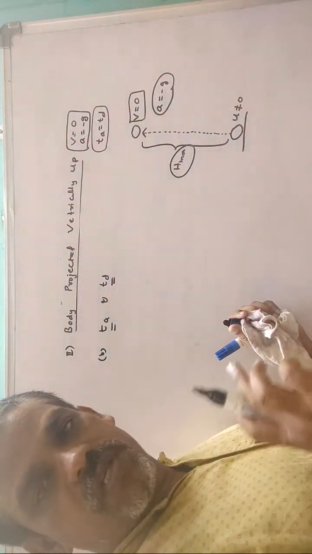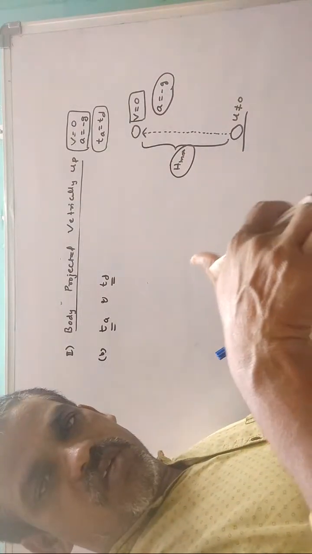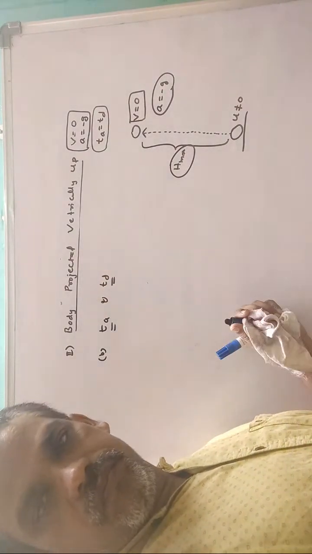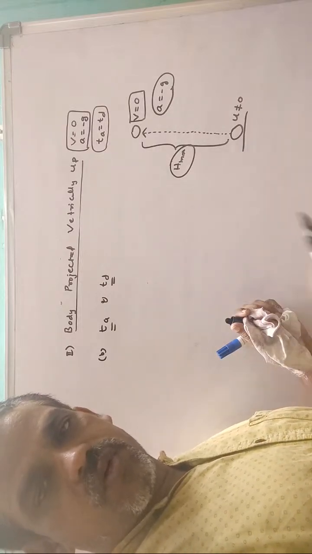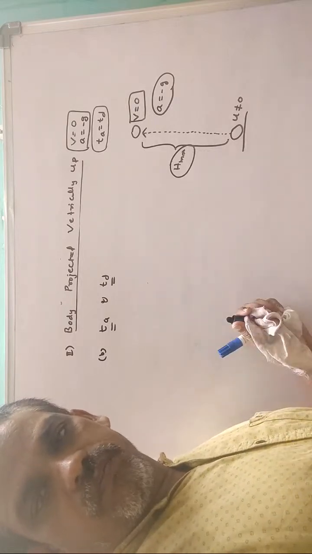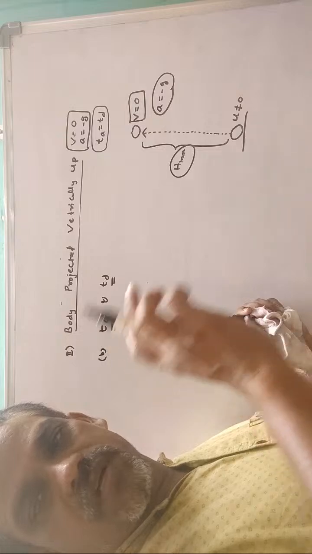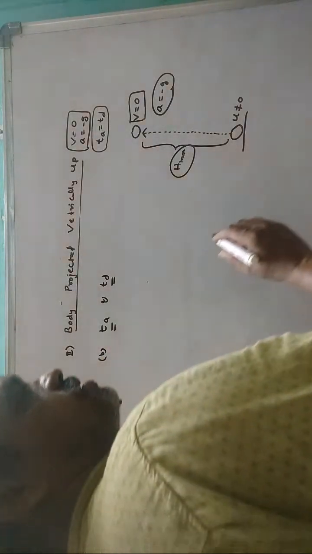Time of ascent equals time of descent if there is no air resistance. The body must be in vacuum, then only time of ascent equals time of descent. So what is the time of ascent?